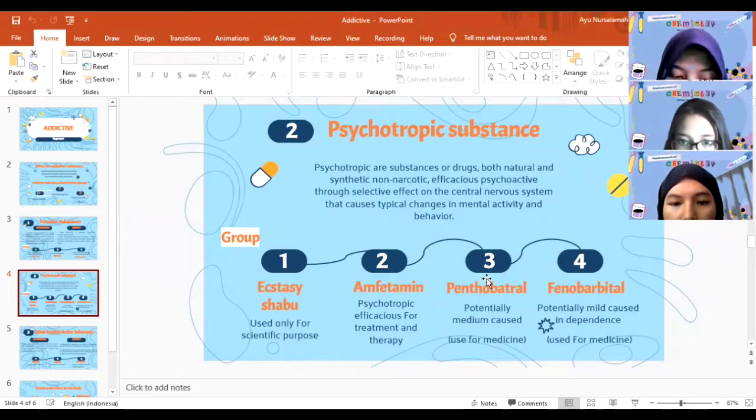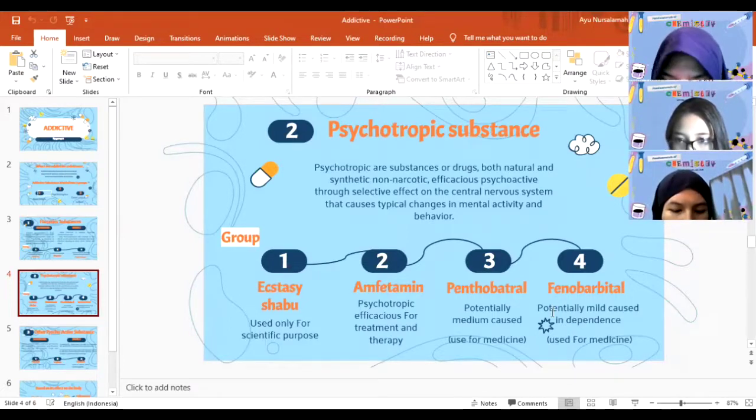And the third is the psychotropic that has medium potential to cause dependence and is widely used as medicine, such as pentobarbital. And the last is the psychotropic that has mild potential in causing dependence and is also very broadly used as medicine, such as phenobarbital.